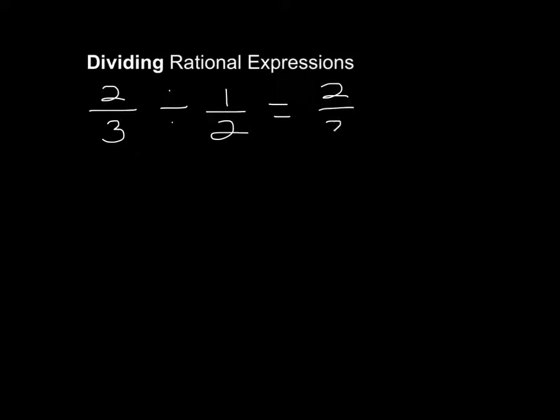So we did 2/3 times 2. And then we multiplied numerator times numerator and denominator times denominator. Well, that principle of multiplying by the reciprocal holds true when we divide rational expressions.